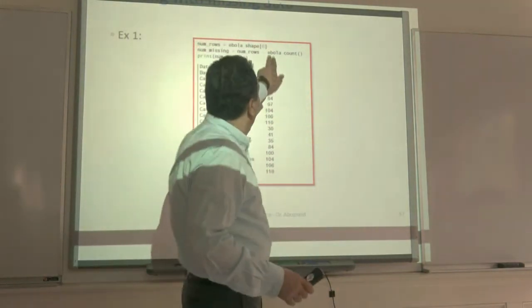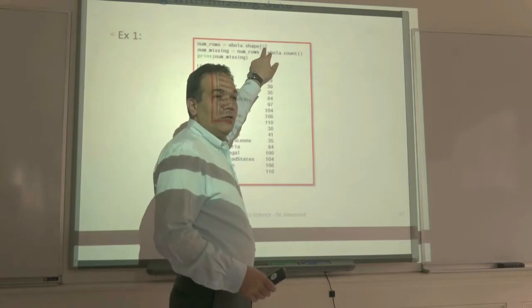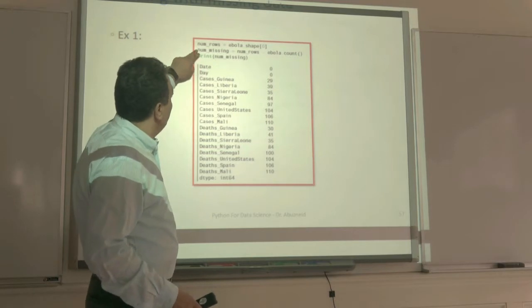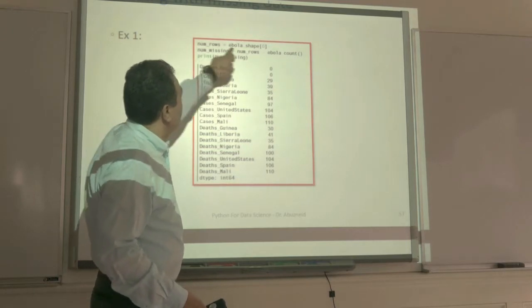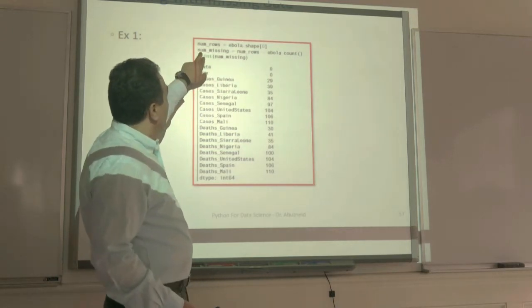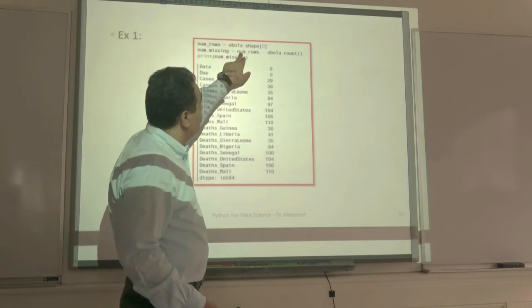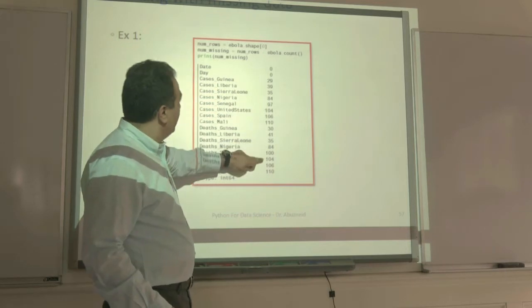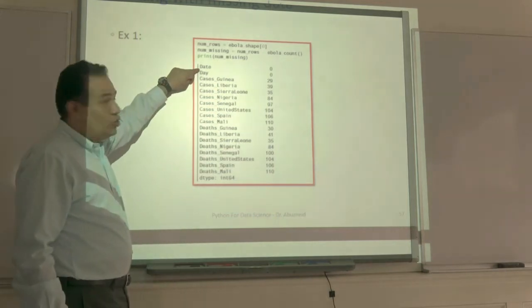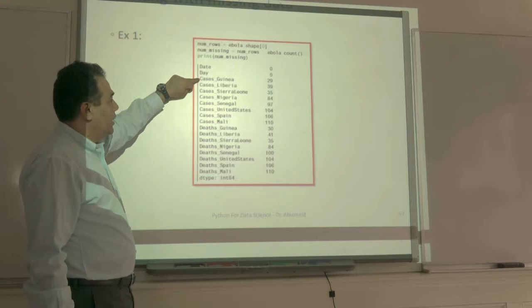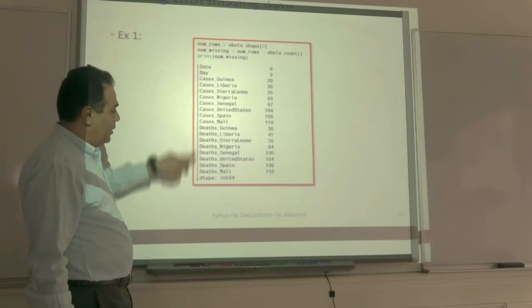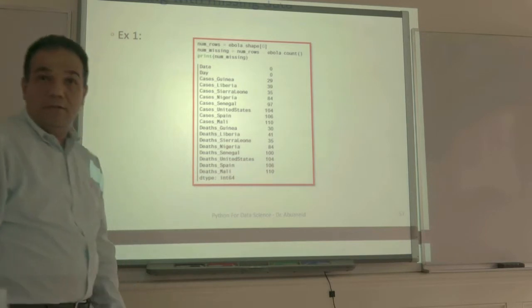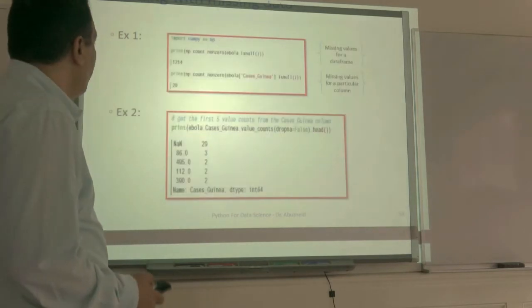So if I read the shape of 0, it gives me the number of rows, which is 122, minus Ebola count, and that gave me how many missing. So how many missing in the date? 0. In the day, 0. Cases, whatever, 29. In Mali, deaths, 110. Right?